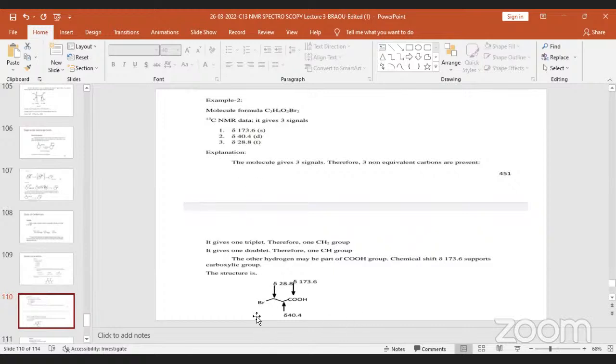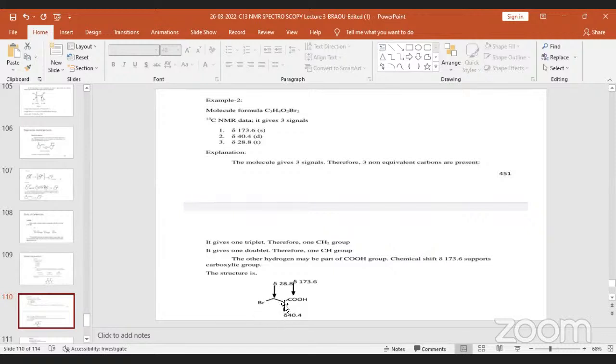So this structure is possible: CH3, CHBr, COOH, or CH2Br, CH2COOH. Br can be there or Br can be here.